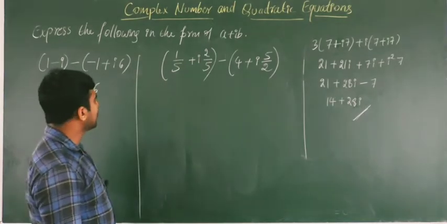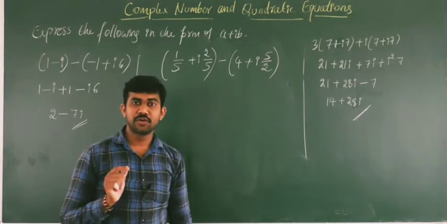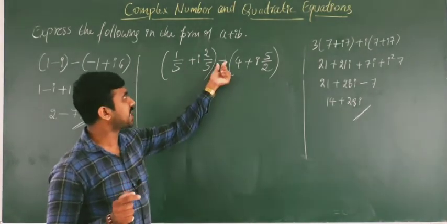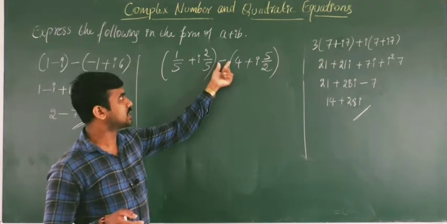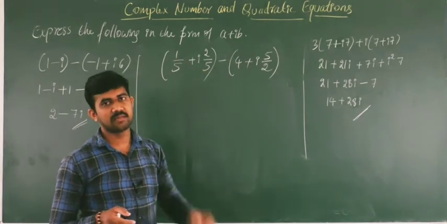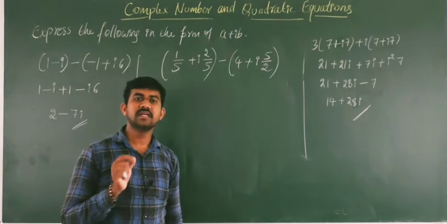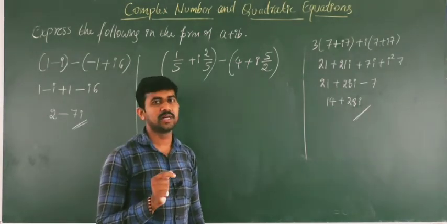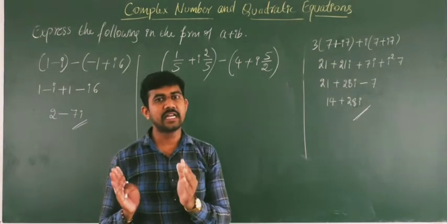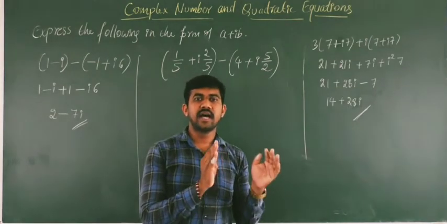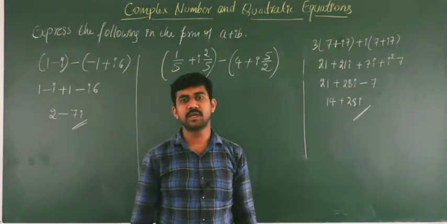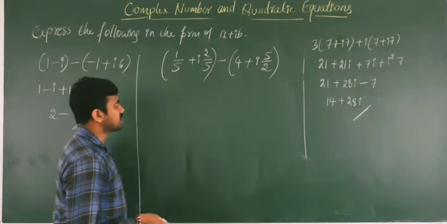So again here, what you have to do is subtraction of two complex numbers. We have seen that in subtraction of two complex numbers, we subtract the real parts together, plus i into the subtraction of the imaginary parts together. Same process here also.